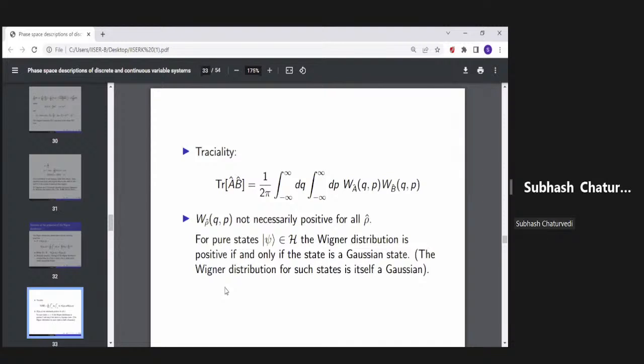All right, just one more statement. For pure states in Hilbert space, the Wigner distribution is positive if and only if the state is a Gaussian state. So for pure states, only those states whose Wigner distribution is a Gaussian are such that their Wigner distribution is a genuine probability distribution.